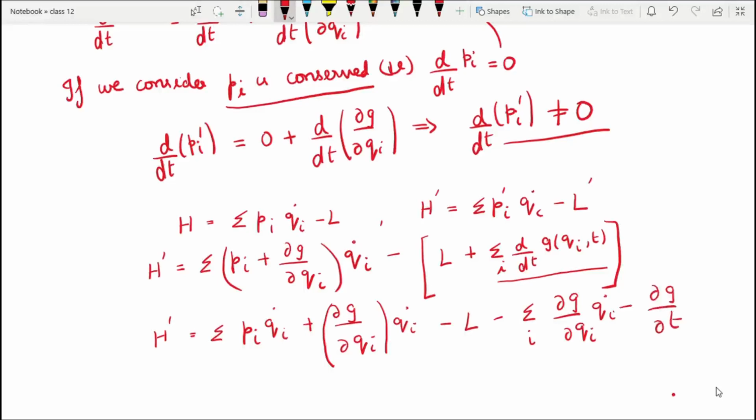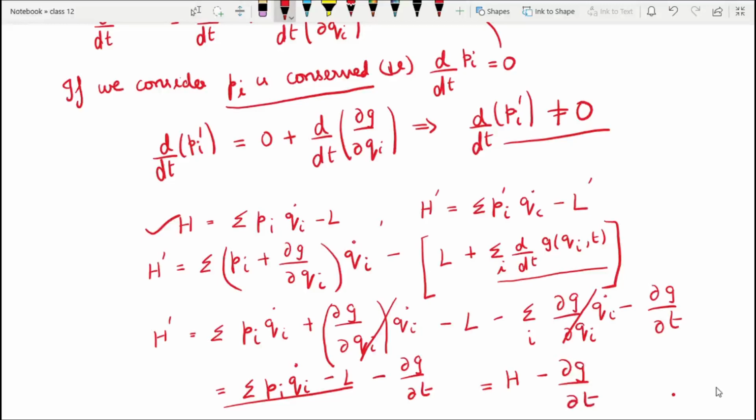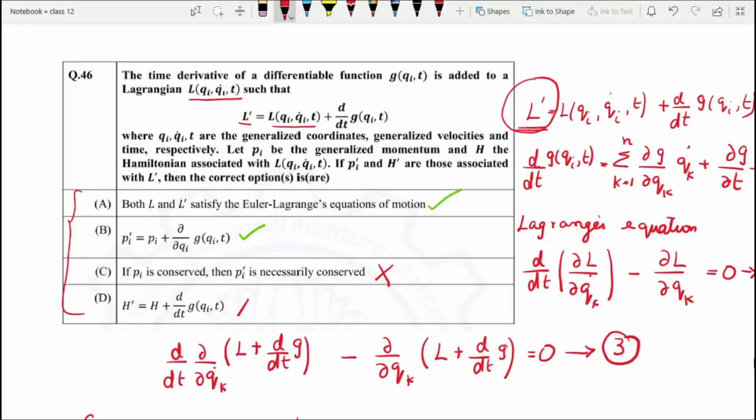Now we can cancel these two terms. So we will be getting summation pi qi dot minus L minus dou g by dou t. This term is nothing but the Hamiltonian H. So we will be getting H minus dou g by dou t. So the new Hamiltonian H prime will be equal to the Hamiltonian H minus dou g by dou t. We will see the given option. The fourth option is an incorrect one because the Hamiltonian H prime is equal to H minus dou g by dou t.